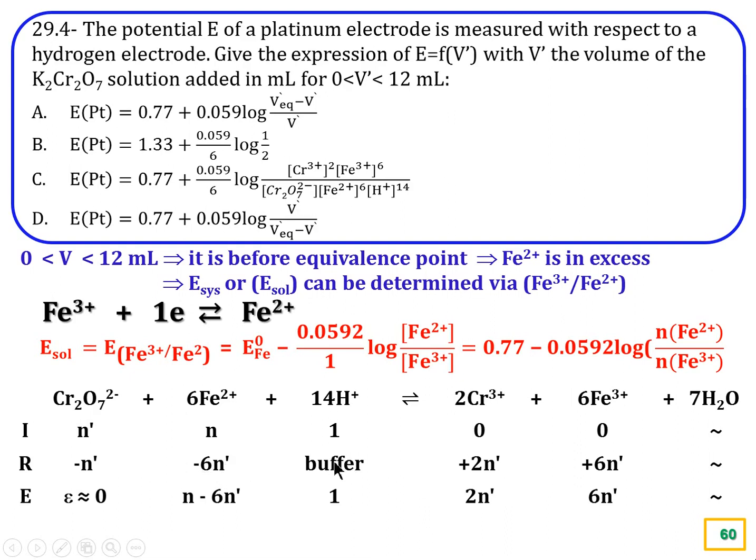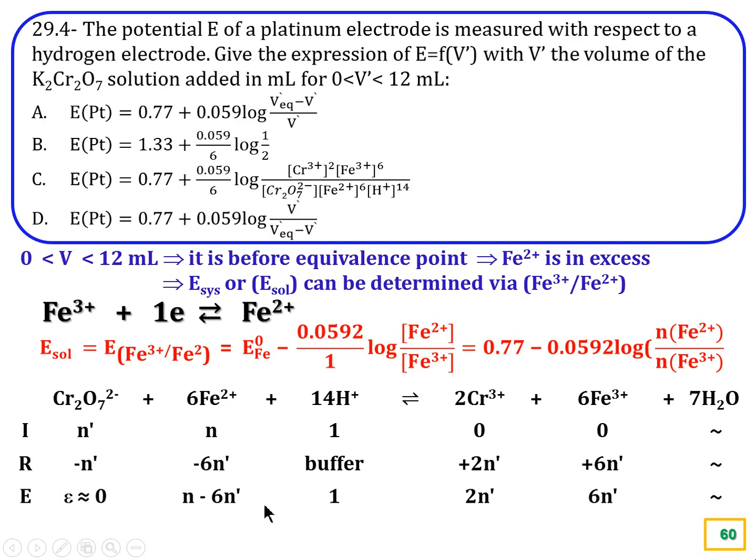The H+ concentration is always intact, 1 molar, since the solution is buffered. We form 2N' of chromium 3+ and 6N' of Fe3+. So at equilibrium, at t equals infinity, we have practically 0 of dichromate, N minus 6N', 1 molar, 2N', and 6N'.